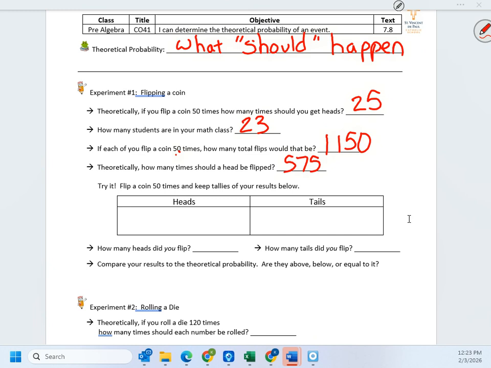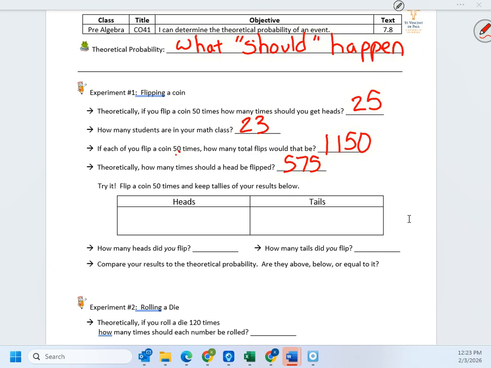That's the theoretical, but experimentally, when we actually do it, we might get different answers. Could we get 25 and 25? Could it be equal? Yes. It could. But is it always going to be? No. Yeah, probably not. So we are going to be doing this experiment in a minute.